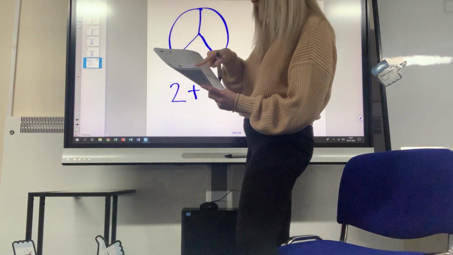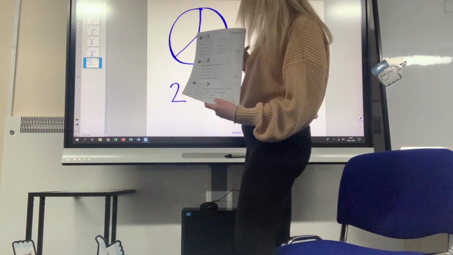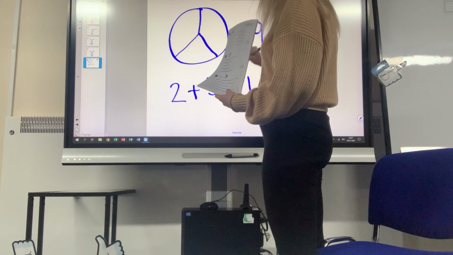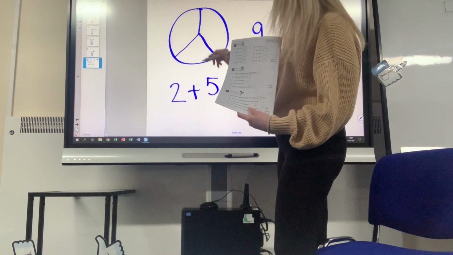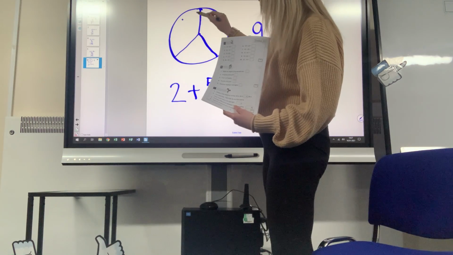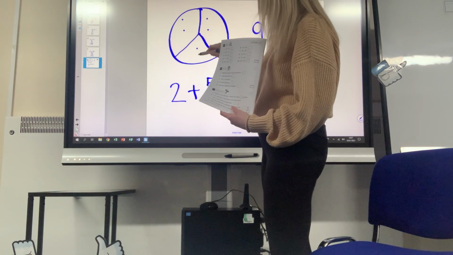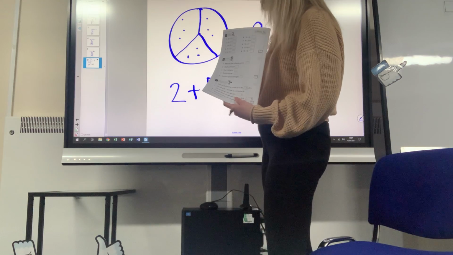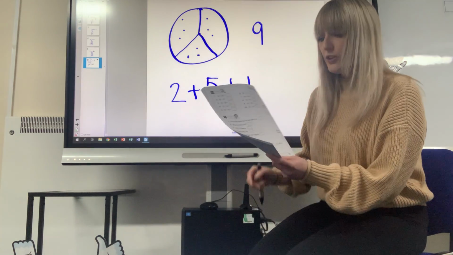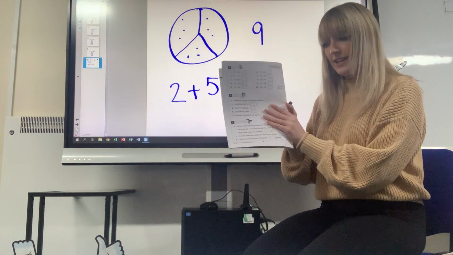Now I'm not going to split 6 into 3 because that would give you the answer, but I'm going to have a go at splitting the number 9 into 3. And all I do to find a third is share them out. 1, 2, 3, 4, 5, 6, 7, 8, 9. So my answer would be 3. But remember, you're finding a third of 6.